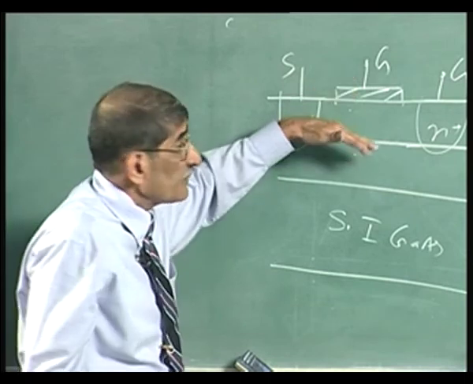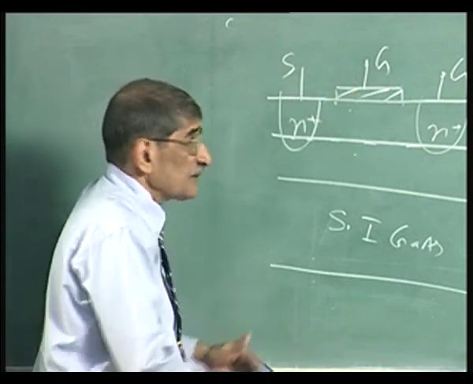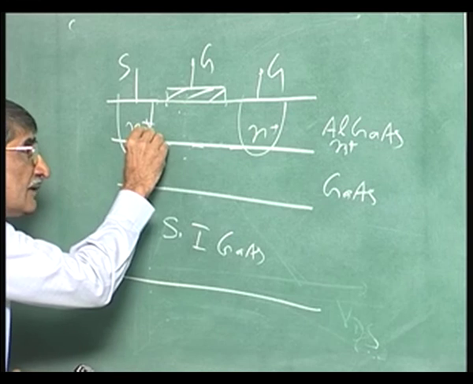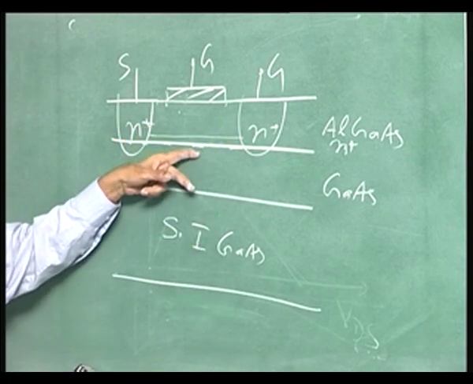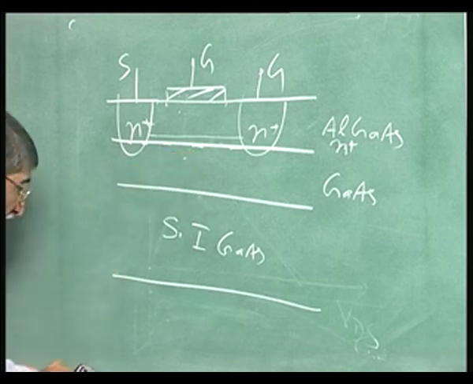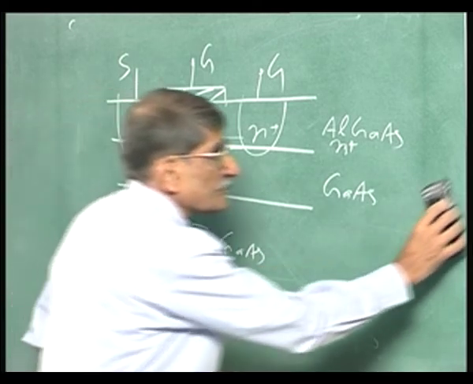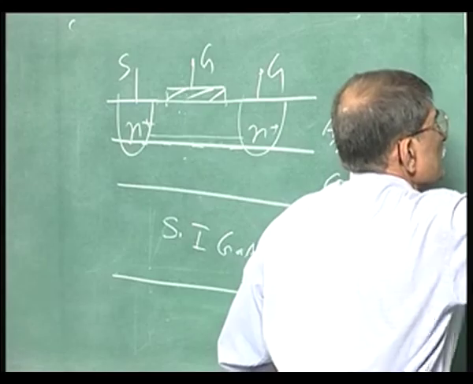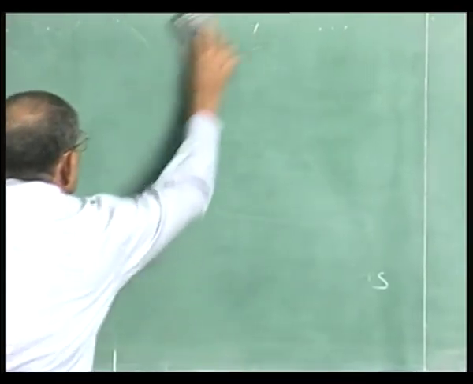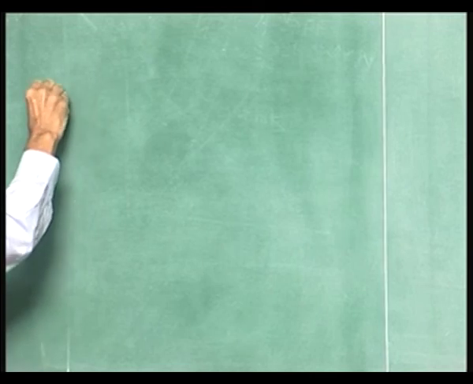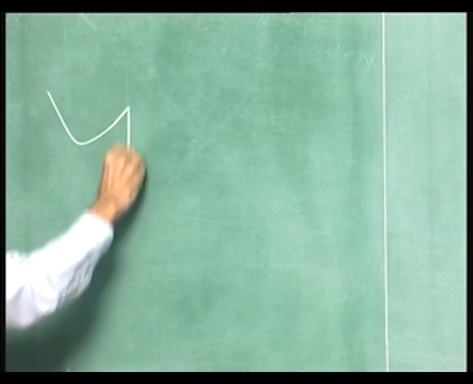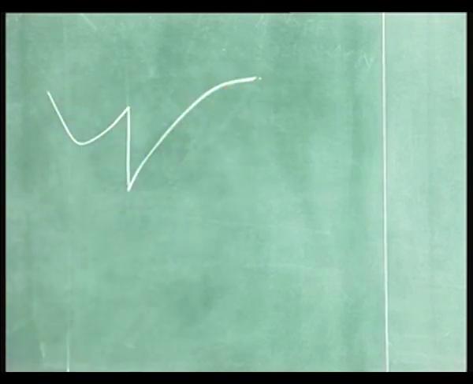As you keep on making more and more positive, a situation will come where the depletion layer will open up here. Still you will have charges here. You will have a situation where, let me just draw it side by side, that is there.